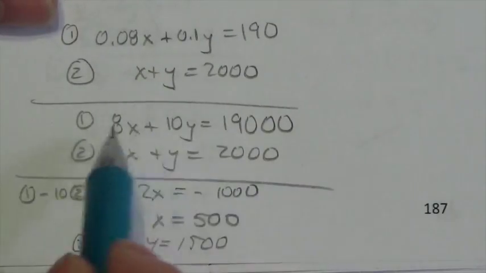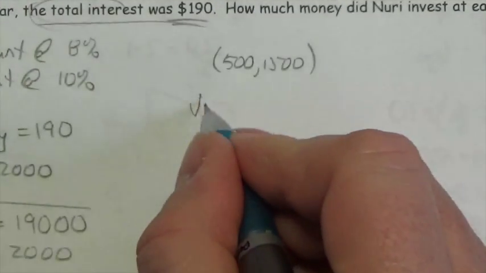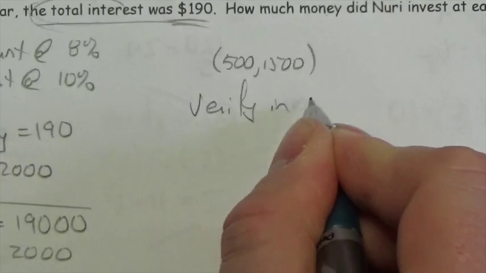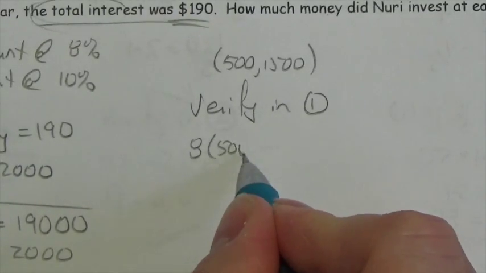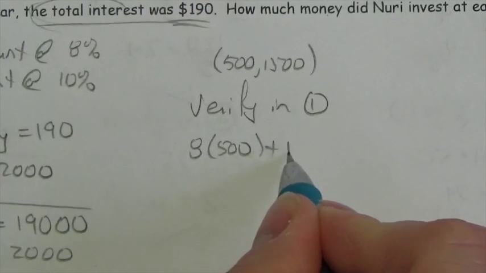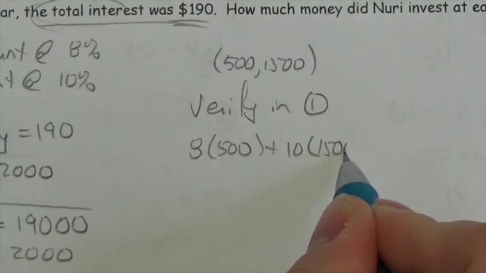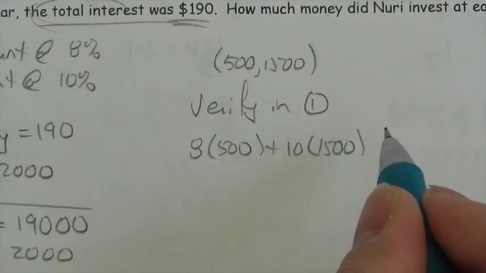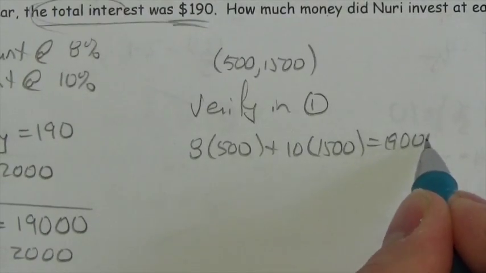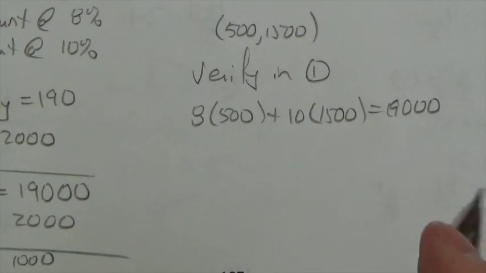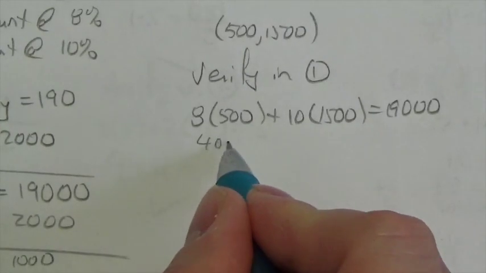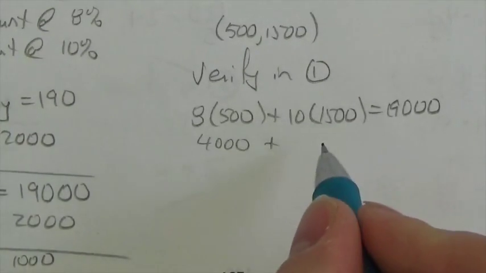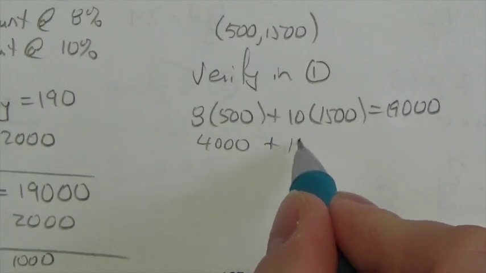I'm going to use equation 1 to verify. So I'm going to verify in 1. So that means 8 times 500 plus 10 times 1,500. Does that equal 19,000? Well, let's check it out here. Now, 8 times 500 is going to be 4,000. 10 times 1,500 is going to be 15,000.